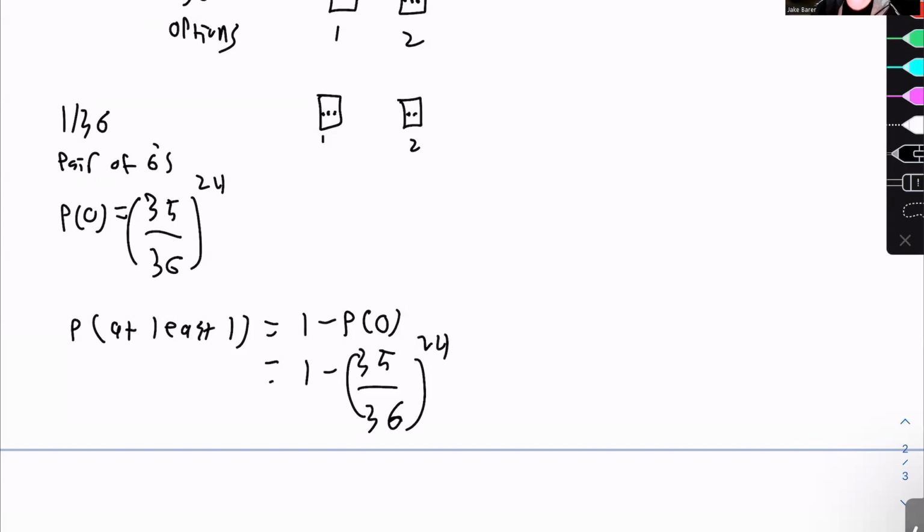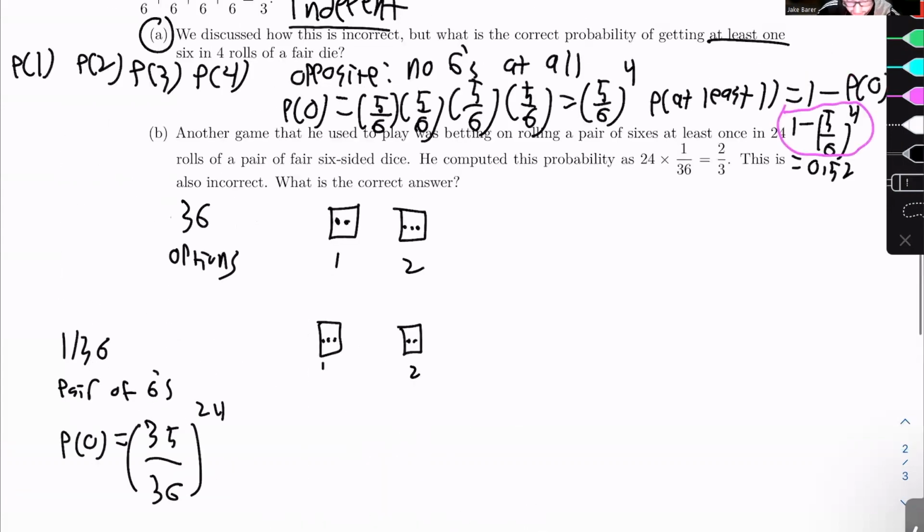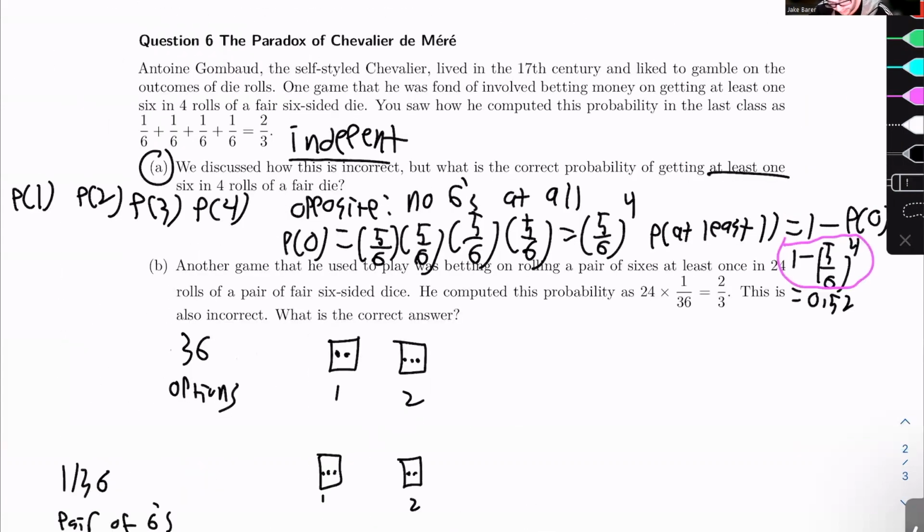Again, that is a good enough answer for the quiz, but just for the sake of this video, we can calculate what that actually is. Okay. So this is roughly 0.49. The reason I wanted to show that is because originally, the way he thought of it was 2/3.